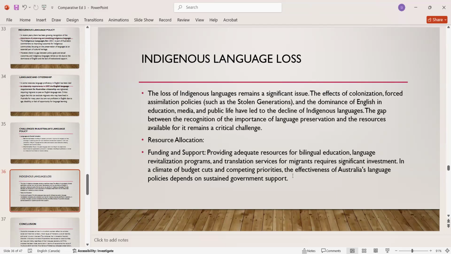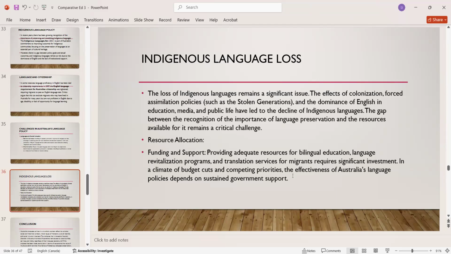The gap between the recognition of the importance of language preservation and the resources available for it remains a critical challenge. The resource allocation to preserve the language, funding and support, providing adequate resources for bilingual education, language revitalization programs, and translation service for migrants requires significant investment.